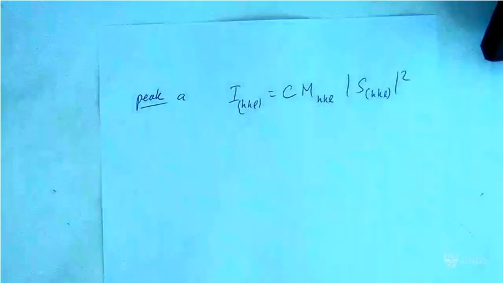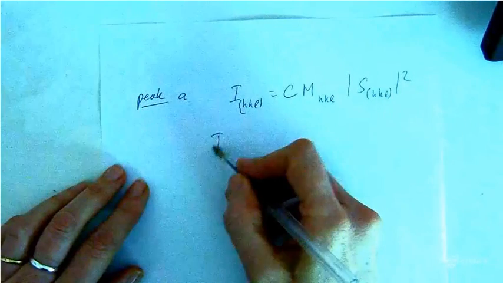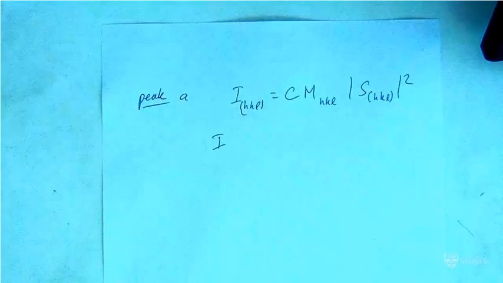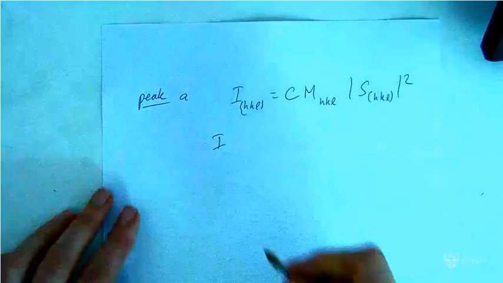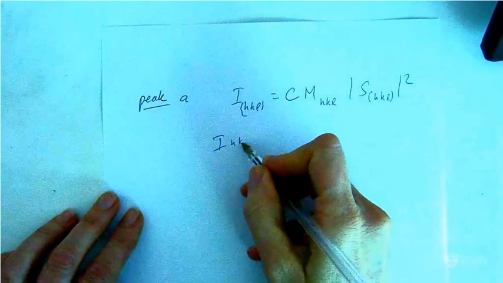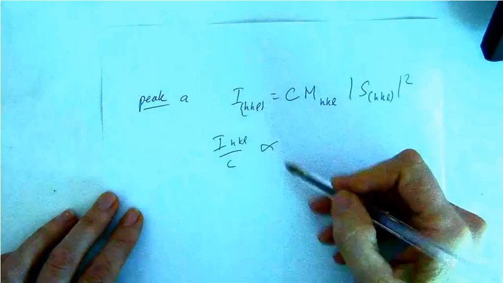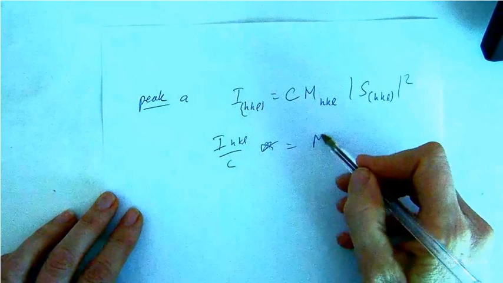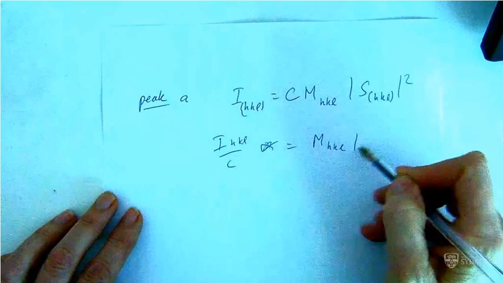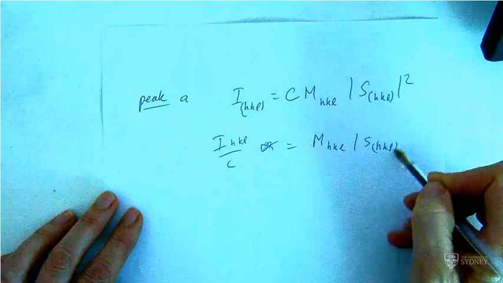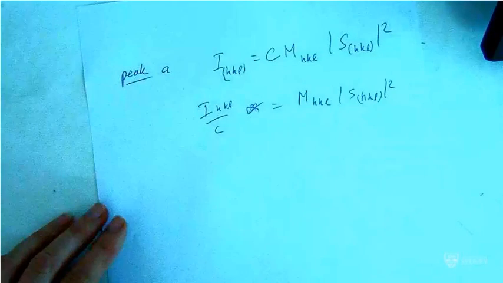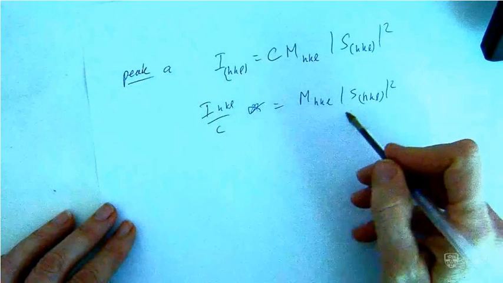So we can, as done in that column here, just divide it through by C, which is a kind of unknown constant. And that's going to be proportional to M_hkl times S_hkl, all squared. This is the multiplicity, remember?